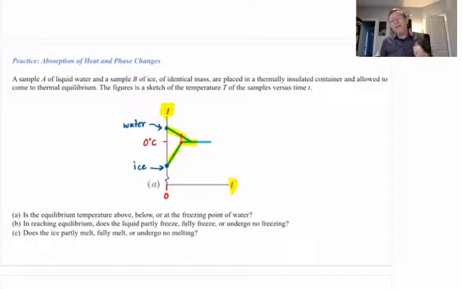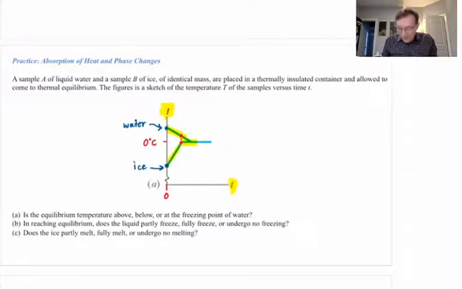So there will still be an energy transfer as heat, away from the water and into the ice. So the temperature of the water will continue to go down. But the temperature of the ice will not go up. Instead, the energy that's coming into it is causing phase change to happen. The ice is starting to melt. And it takes energy to do that. The water is providing it.